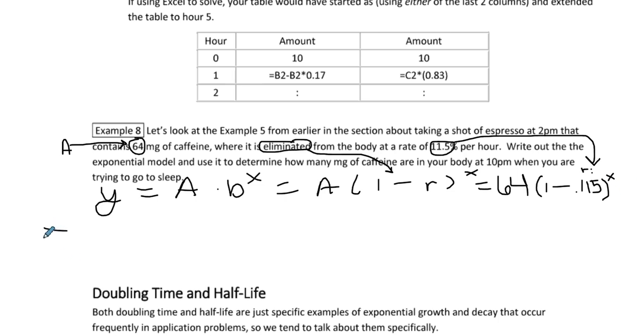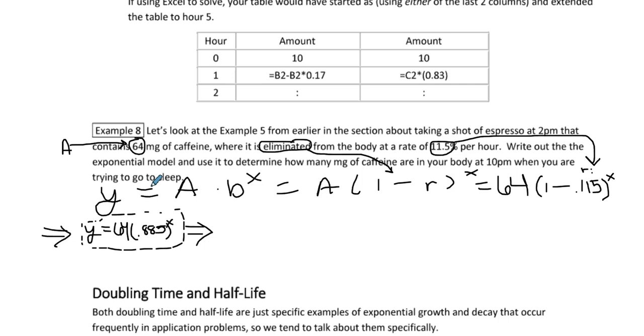So here's what our completed model looks like: y equals 64, and if you actually do your 1 minus 0.115, you end up with 0.885 raised to the x power.